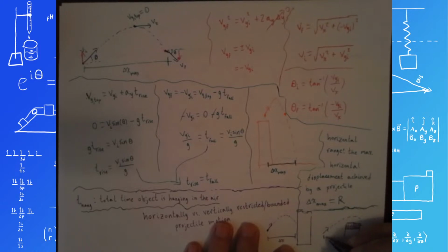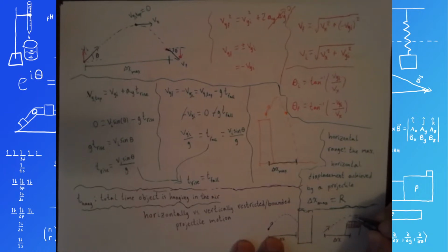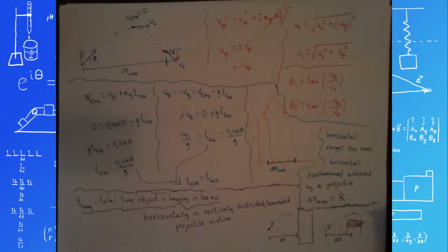And you just want to score a goal, and scoring a goal happens once you travel a certain amount horizontally, and then you use that to calculate how much time is required to get there, and then you use that time to figure out, okay, am I above the goal or at the net or under the goal, in which case I didn't really score and probably get a penalty, whatever the rules of the game are. So yeah, horizontally versus vertically bounded problems.